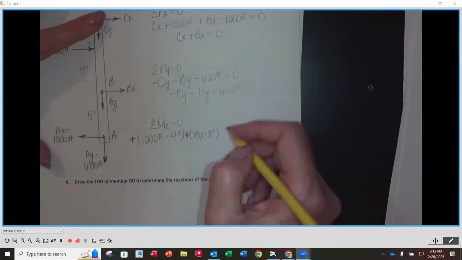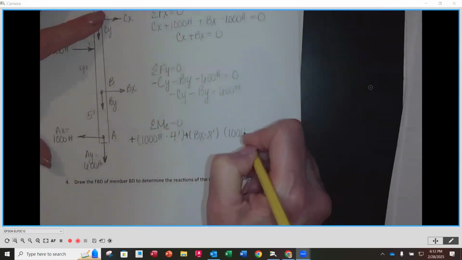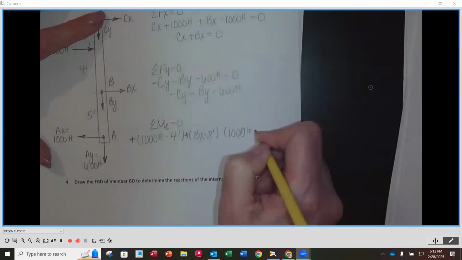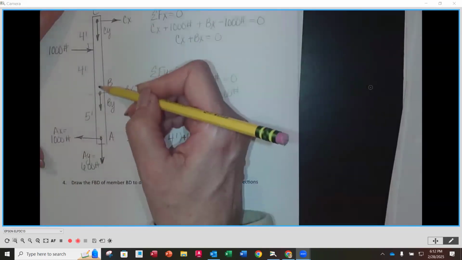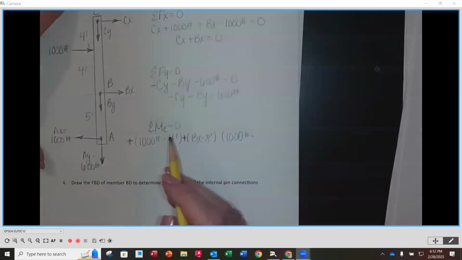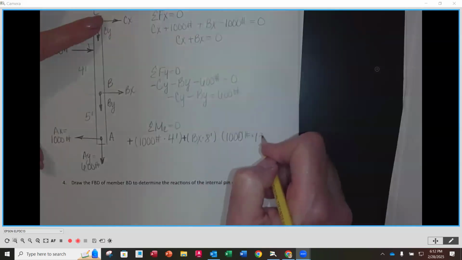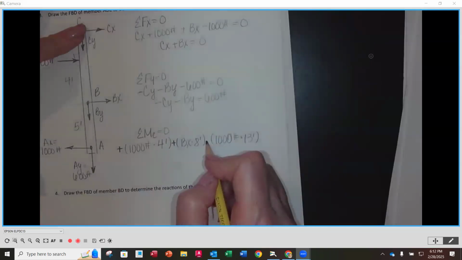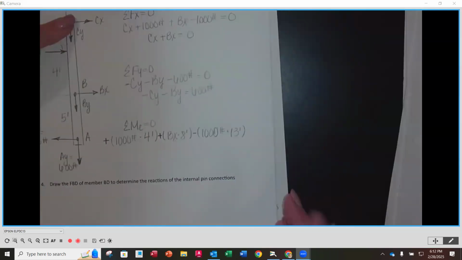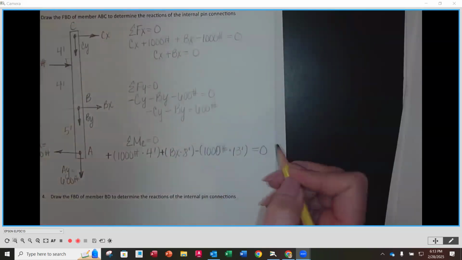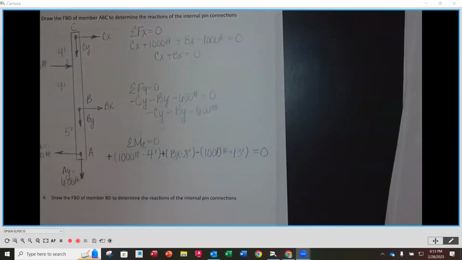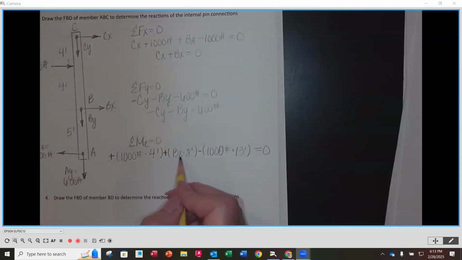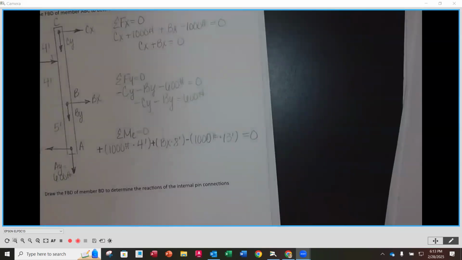AX is 1,000 pounds times the perpendicular distance of 8 plus 5, so that's 13. It is going to rotate clockwise, so that's going to be negative. Those are all the forces causing rotation, so I set that equal to 0. In this case, I just have one unknown, which is good.